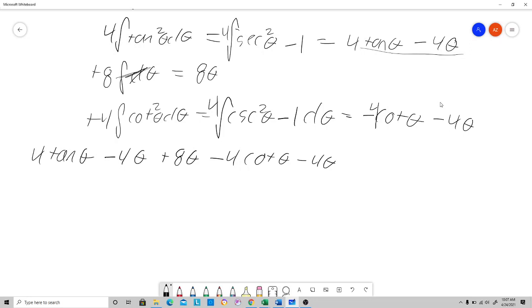If we take the negative 4 and the other negative 4, that's negative 8, but we have a positive 8, so all of that goes away, and we're left with 4 tangent theta minus 4 cotangent theta.